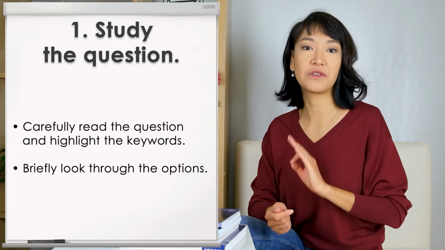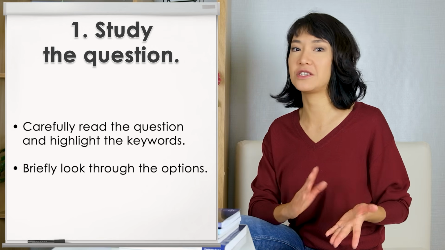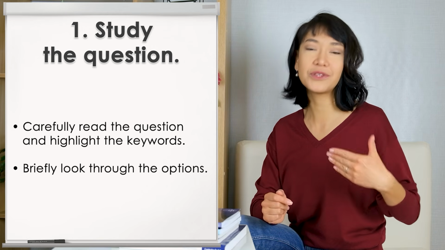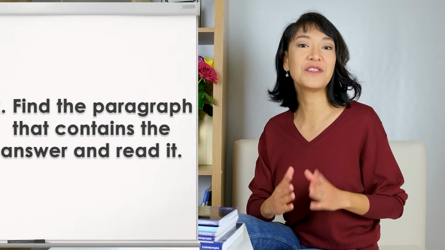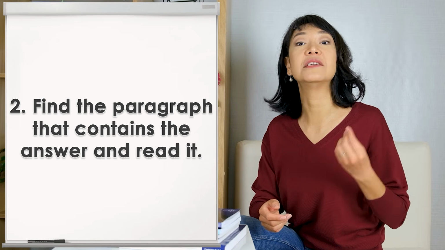Before you start reading the passage, briefly look through the options. Don't spend too much time, just skim through to get a feel of what you're going to read about. Then go to the passage, find the first paragraph you need, and read it. When you get back to the question and read the options again, you may still be unable to answer it, and that's expected.